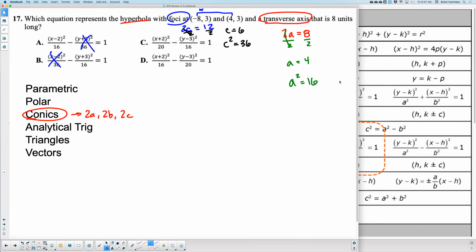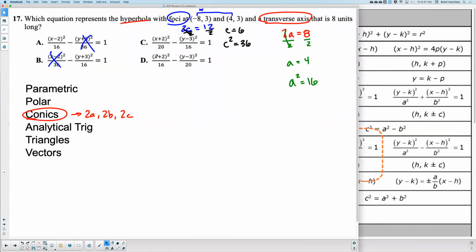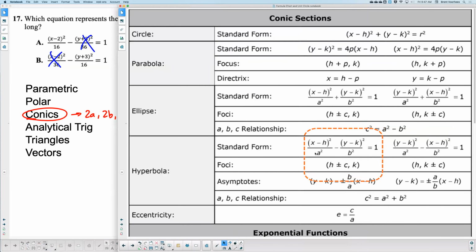I'm going to go to the formula chart. To figure out where does the A squared go? The equation that has a positive x fraction and a negative y fraction is this first one. It's not the second. It's this first one. Oh, and I forgot to say this with foci. Well, let me finish the problem first. The one that has the x squared being the positive fraction and the y squared negative, like our two options here, that formula has A squared under x.